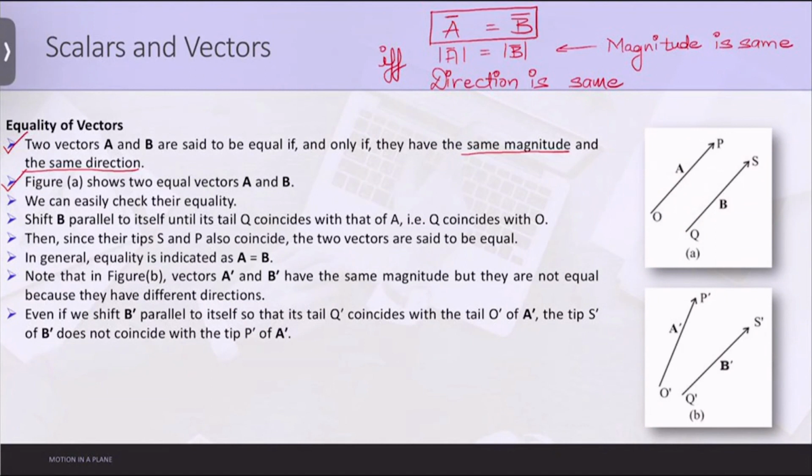So we can easily check the equality by shifting B parallel to itself. How do we check it? We shift B parallel to itself until its tail coincides with that of A. Let us put it on top of O here, so that Q coincides with O. When Q coincides with O, since their tips S and P will also coincide, the two vectors are said to be equal.